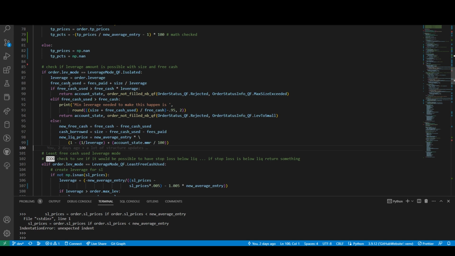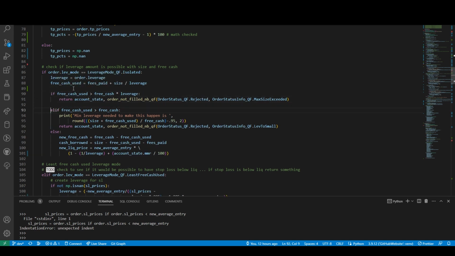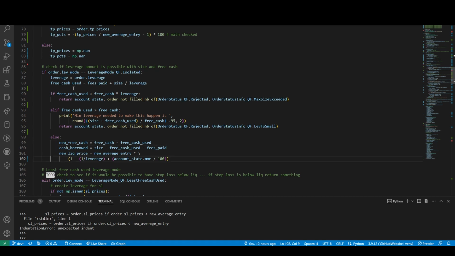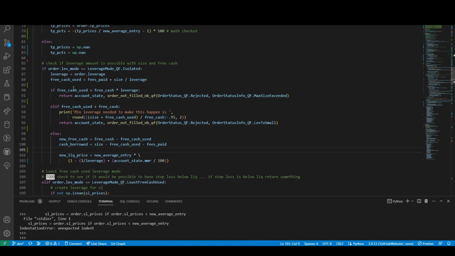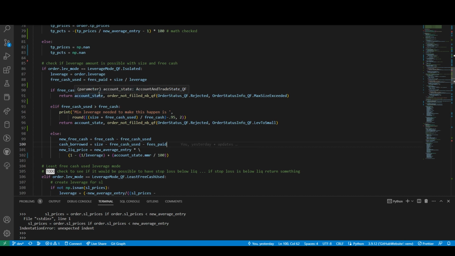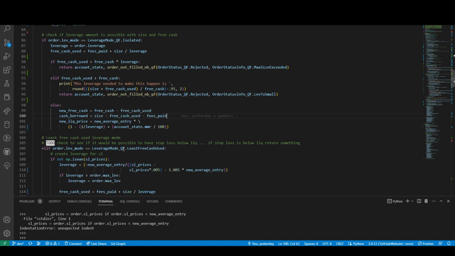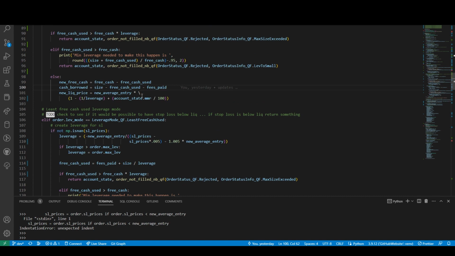Order leverage mode isolated. The liquidation price is the problem.